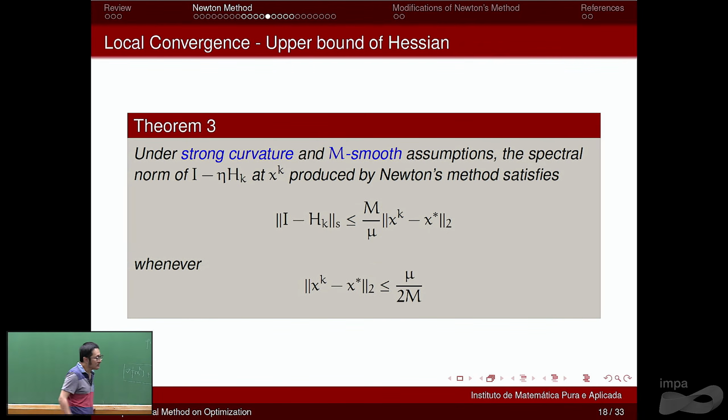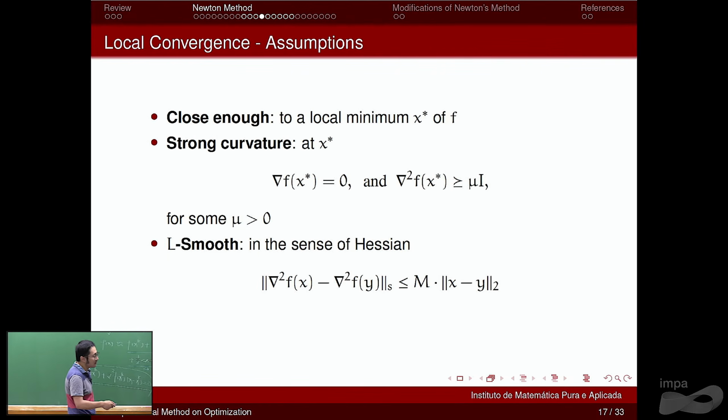And what is mu? Mu is the minimum eigenvalue of the Hessian at the solution.